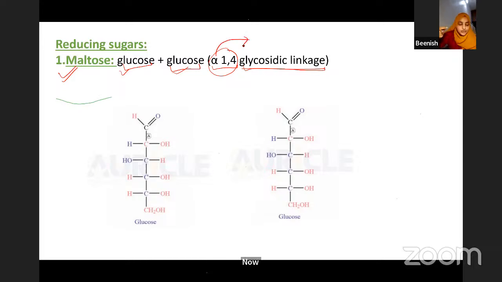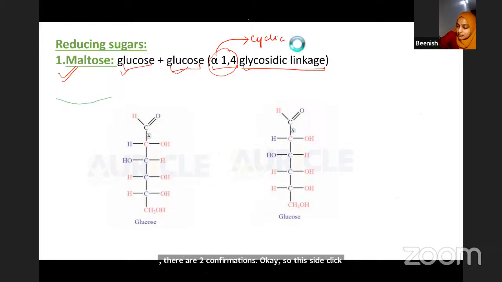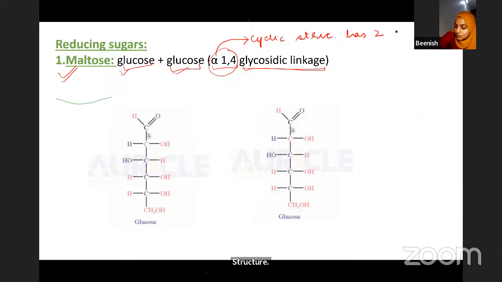in the cyclic structure of glucose, there are two conformations, one is alpha and one is beta.